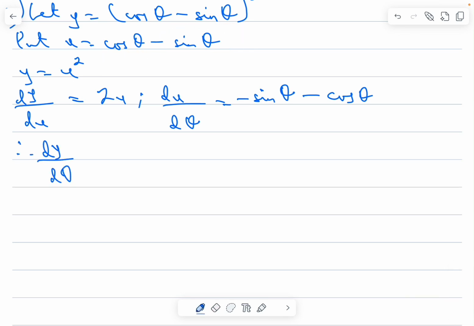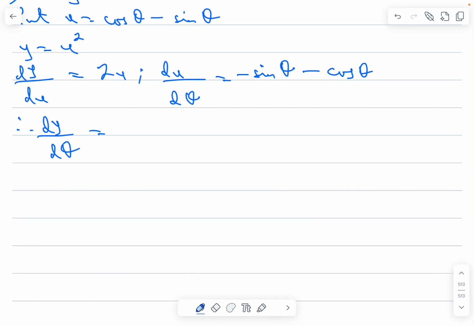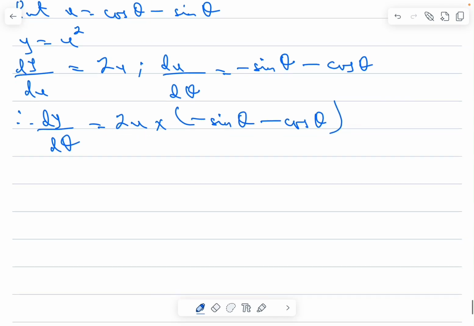And that simply means dy/d theta, because y is written in terms of theta, not in terms of x. So dy/d theta, which is equal to dy/du times du/d theta, will be equal to 2u times minus sin theta minus cos theta.